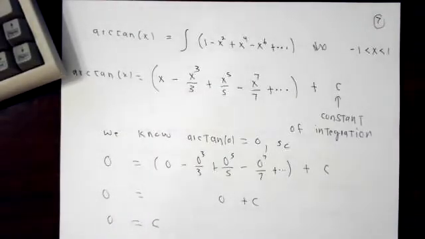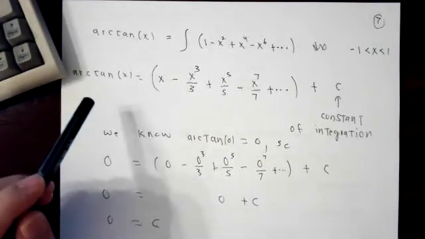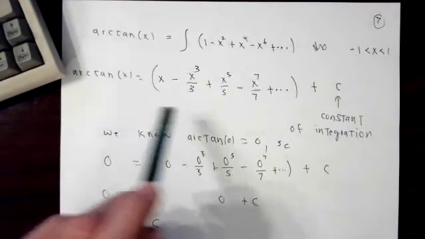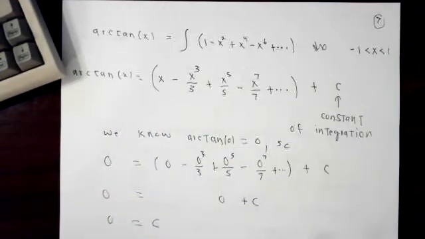Now that we know that, we can wave our hands and say absolute convergence, treat it like a giant polynomial, and integrate it one term at a time. And I find out that arctan of x has this for a power series. With the one little addition, I've got to figure out what the constant of integration is.